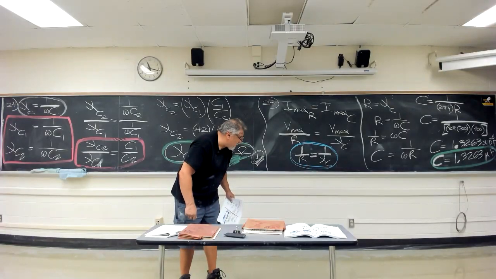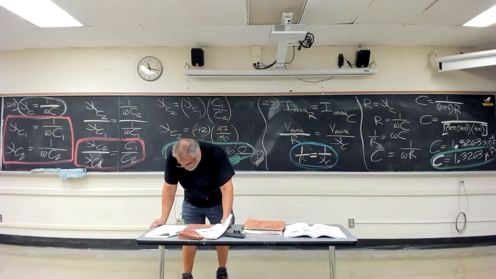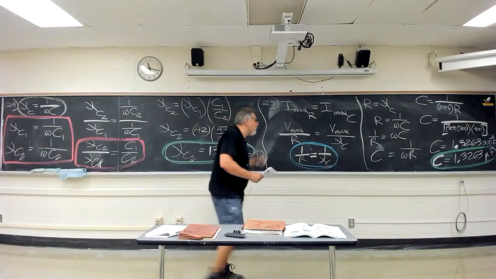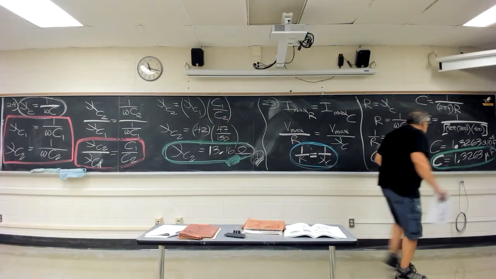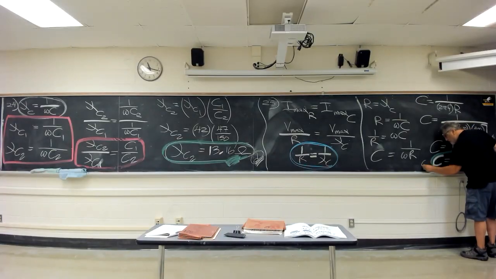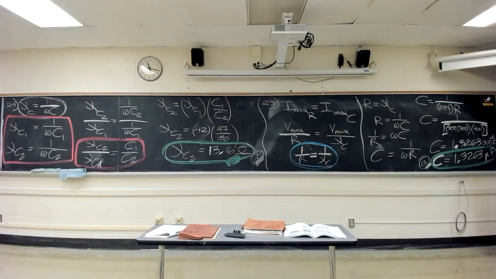I got 1.3263 microfarads. That rounds to 1.33 microfarads, and they got 1.33 microfarads. That's A. Okay. All right, looking pretty good.